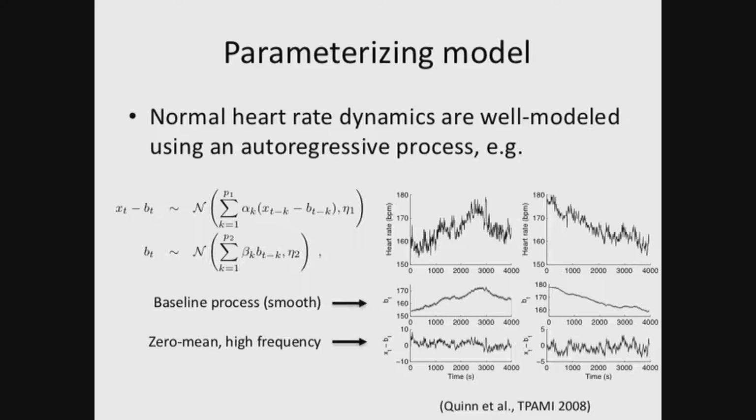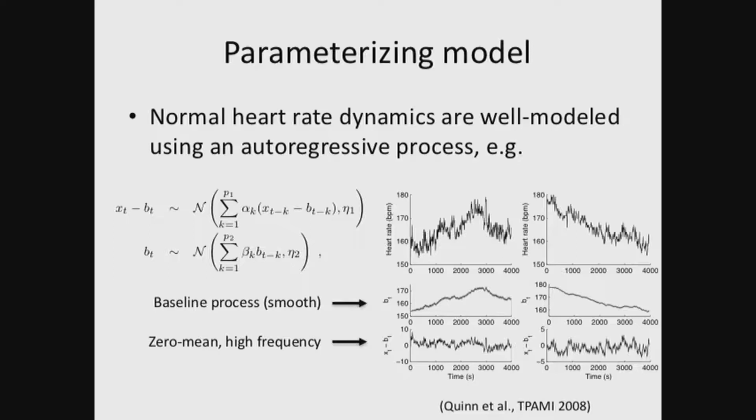And notice here, it's around zero mean. So it's a zero mean signal with some random fluctuations. And the fluctuations are happening here at a much faster rate than for the original baseline. And so the sum of BT and this residual is exactly equal to the true heart rate.